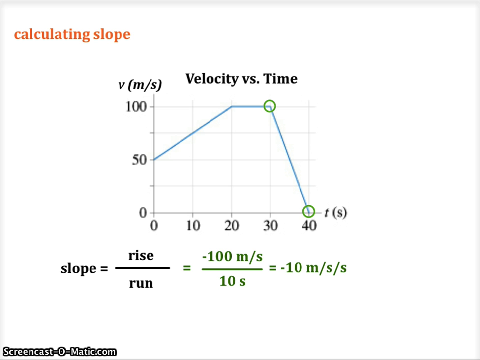This does not mean that the object moves backwards. What it means is that the object's velocity is slowing down, is decreasing. And so there's a change of 100 meters per second from 100 down to 0, and that requires 10 seconds. So our slope is -10, our acceleration is -10 meters per second per second.